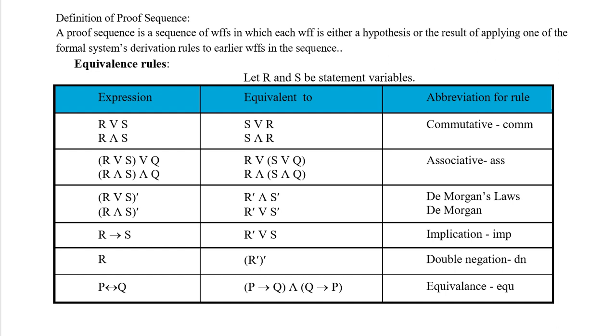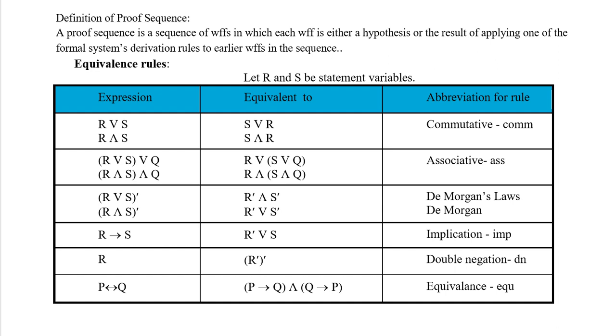Equivalence rules state that certain pairs of well-formed formulas are equivalent, and hence one can be substituted for the other with no change to truth value.